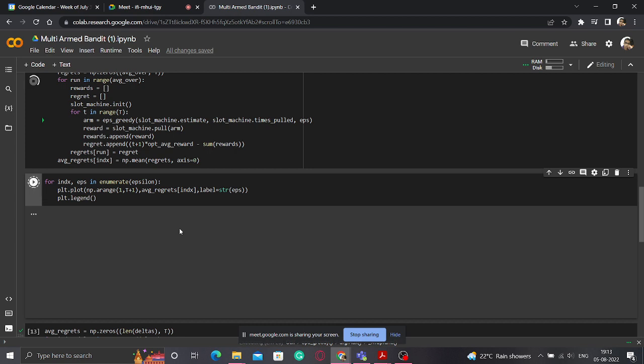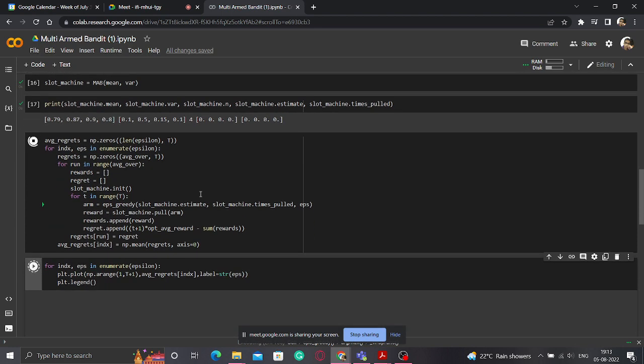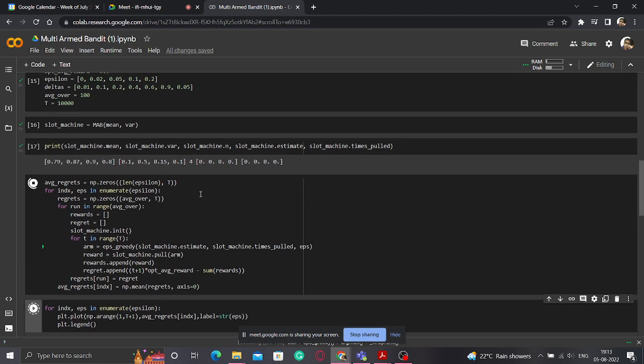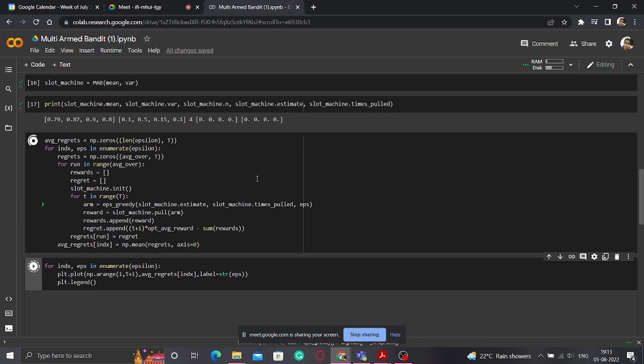Because you have variance, it's all random, that straight line will have different slopes. We are concerned about the slope. The slope should be steeper to decrease the regret.